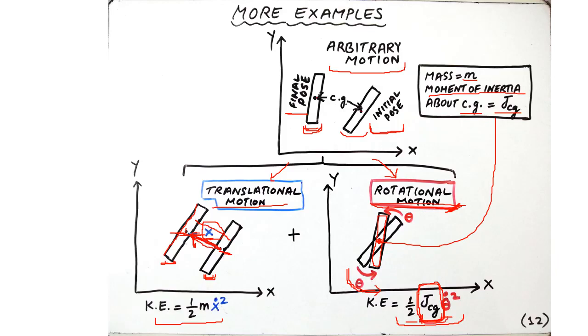Therefore, the mass moment of inertia in the rotational component of the kinetic energy should be taken about the center of gravity. And the same applies to the two-link manipulator problem, where the mass moment of inertia of link 2 should be taken as the mass moment of inertia about the center of gravity of link 2.